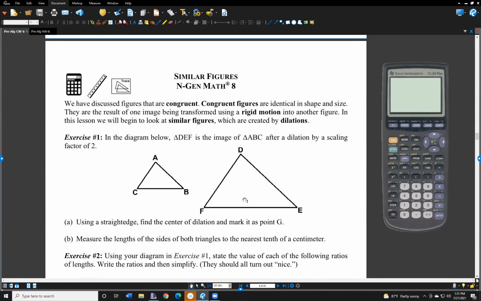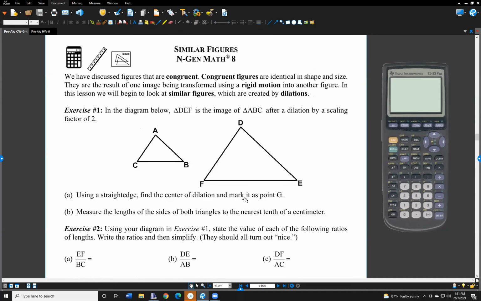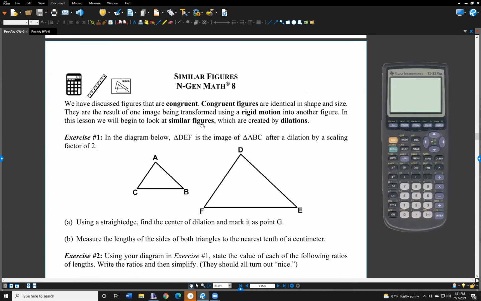Now we're going to go to congruent. Okay, this one is just trying to memorize what a congruent figure is, rigid motion, similar figures. What is dilation? Dilation is increasing with the same rate. Similar figures are figures that are dilated, right?